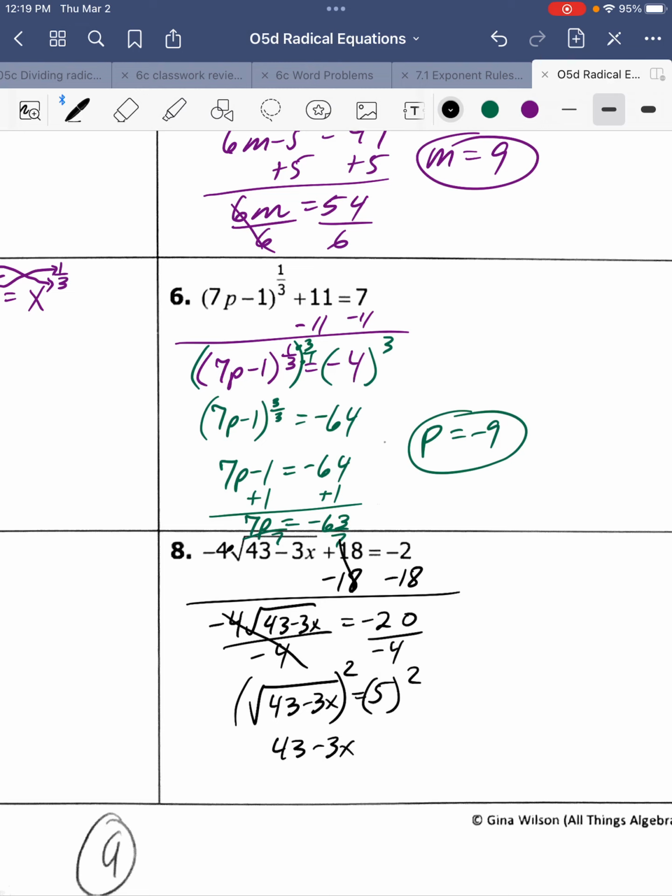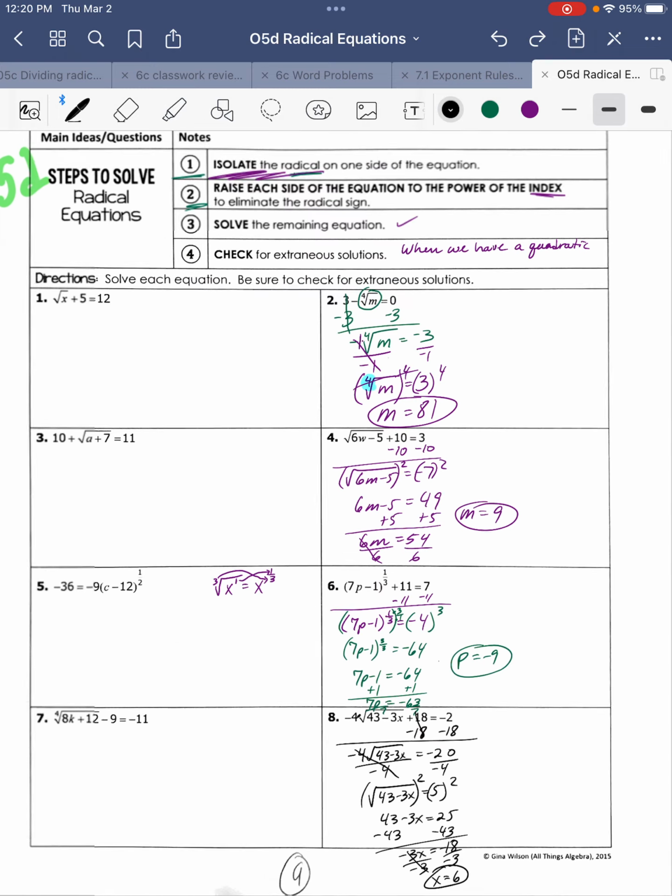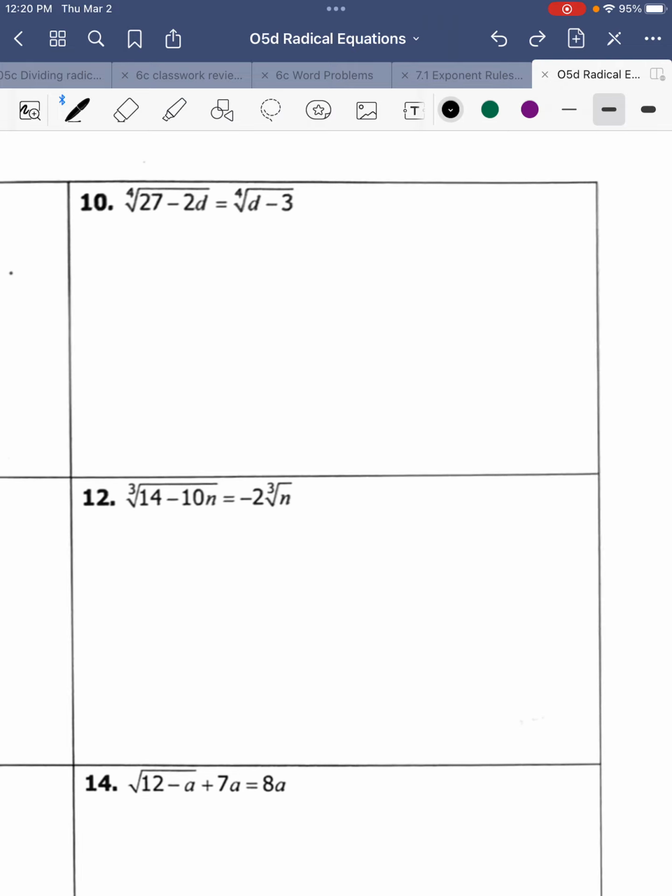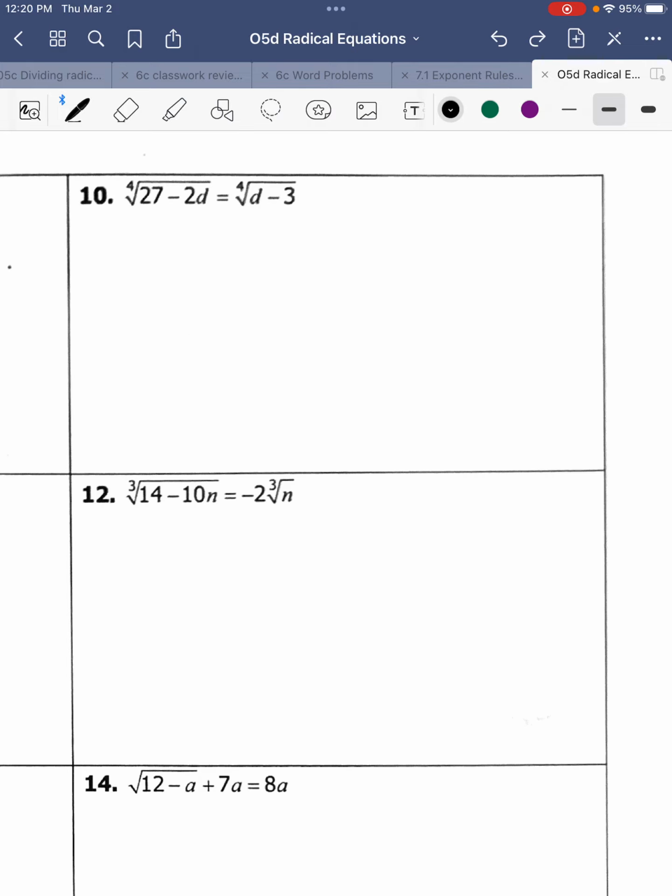It's a square root, so we square. That equals 25. And then we solve the remaining equation. Divide by -3. Two negatives divide to a positive. Again, we didn't have a quadratic anywhere in the problem. This wasn't x squared at all. So, no, don't have to check.